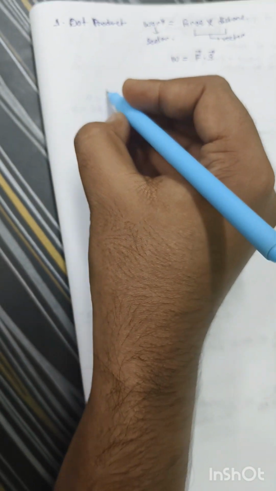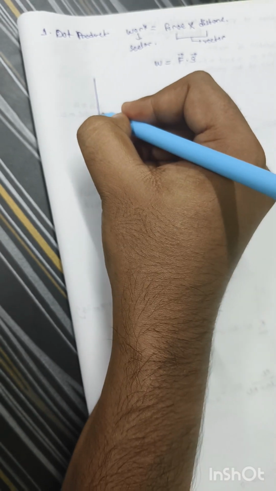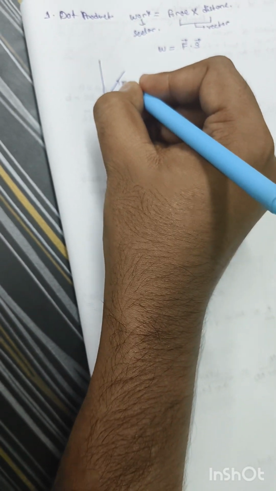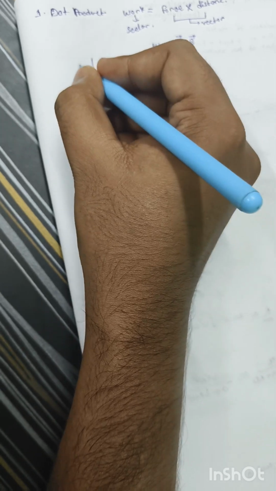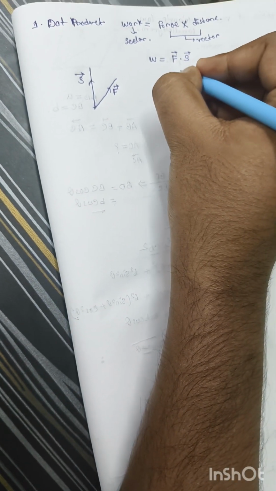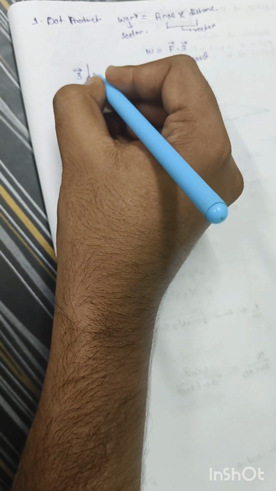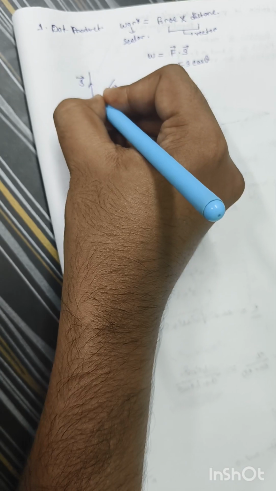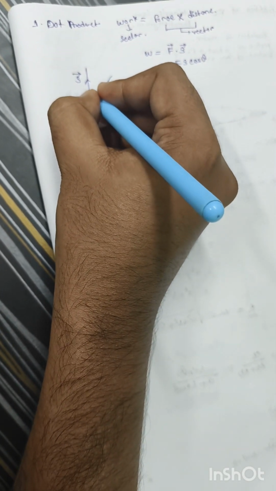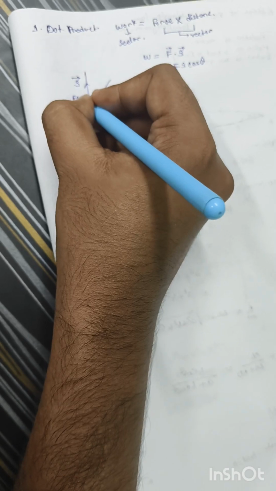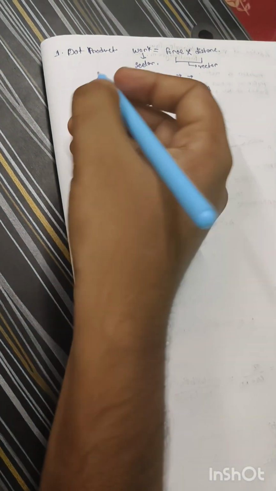How does this happen? For work, we can see that force dot distance. So what does the dot product mean? Suppose here we have two vectors, F and S, with angle theta between them.